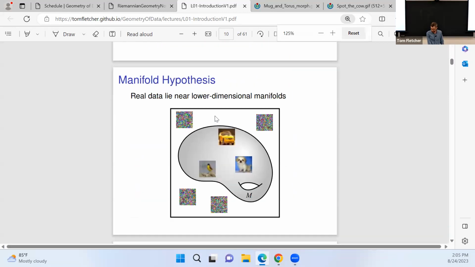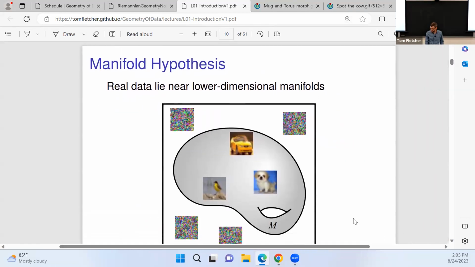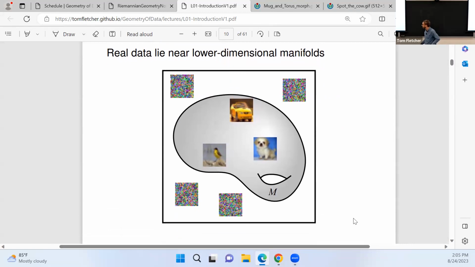Keep this picture in mind, as we talked about in the introductory lecture, this manifold hypothesis: when we have data such as images or any other type of real data, represented typically as just a list of numbers, you can think of it as a Euclidean space vector, and the real data that we're interested in lies in a lower dimensional manifold, a smooth hypersurface, if you will, embedded in that extrinsic representation of our data.